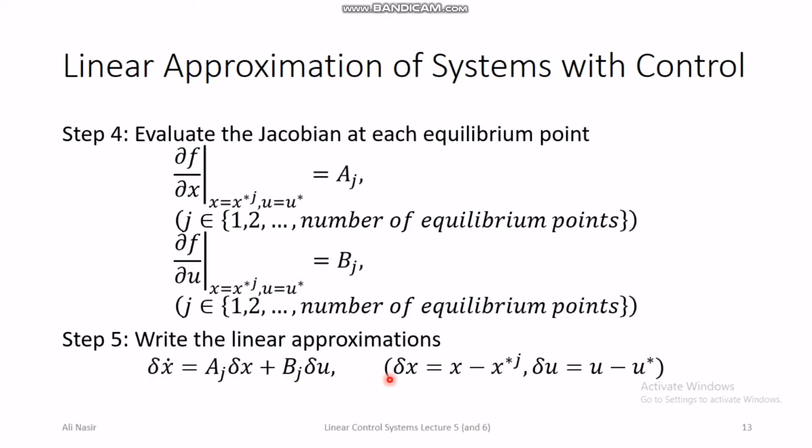Delta x is of course equal to x minus x star, and delta u is equal to u minus u star. So this u here is the deviation of the original u around the equilibrium value of u.